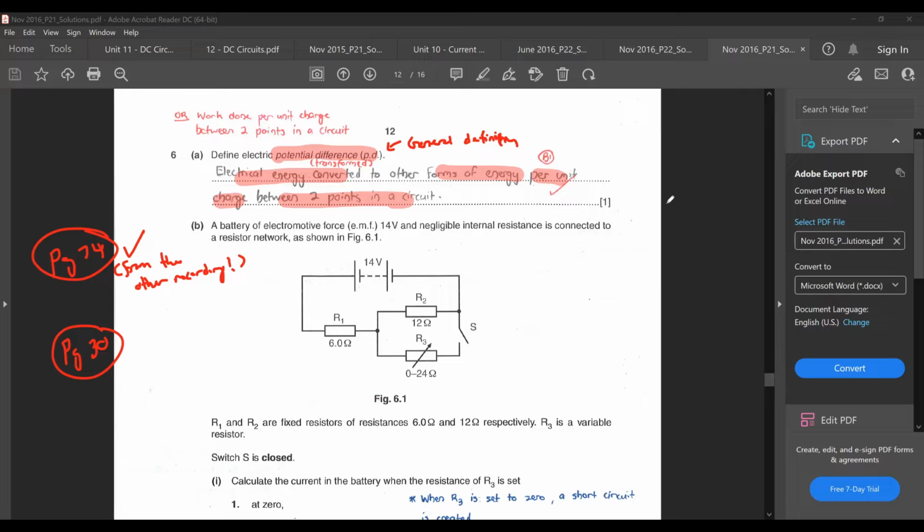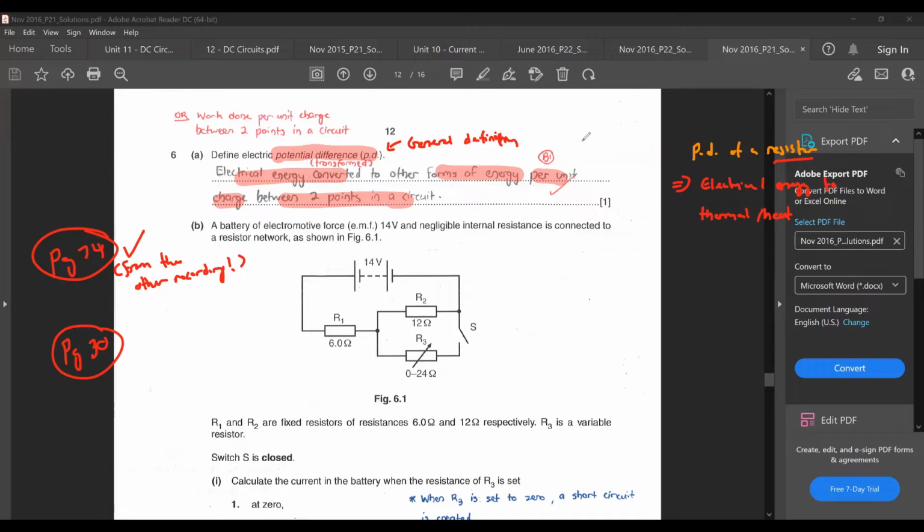But if they ask you about, say, define PD of a resistor, where they specifically mention what component it is, then you cannot use this same definition that you just wrote. You have to say it is electrical energy to thermal energy or heat energy.